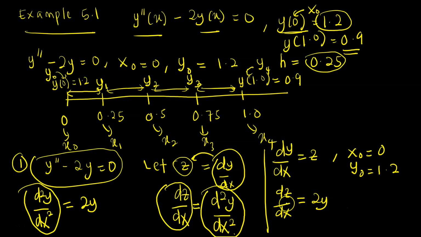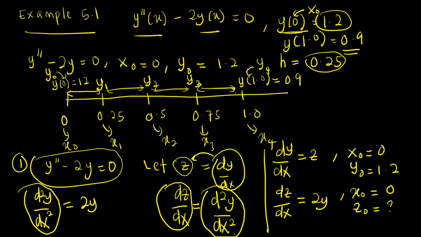And then, for this dz/dx, we know x naught should also be equal to 0. But what is the value of z naught? In this case, in step number 2, you need to determine the initial value. So class, this question does not mention the value of z naught. Actually, this z naught, you can guess any value.